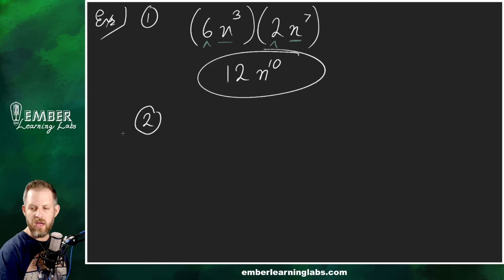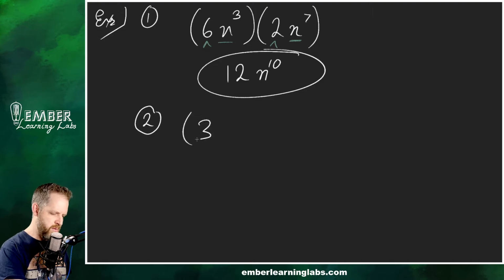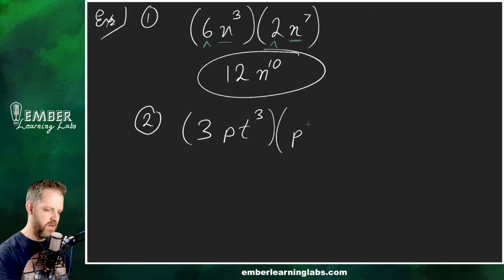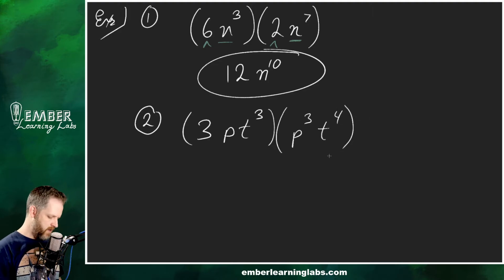Let's do another one like that, and then we'll learn a second rule, second property, if you will. So example number 2 is going to be 3pt cubed times p cubed t to the 4th. Okay.